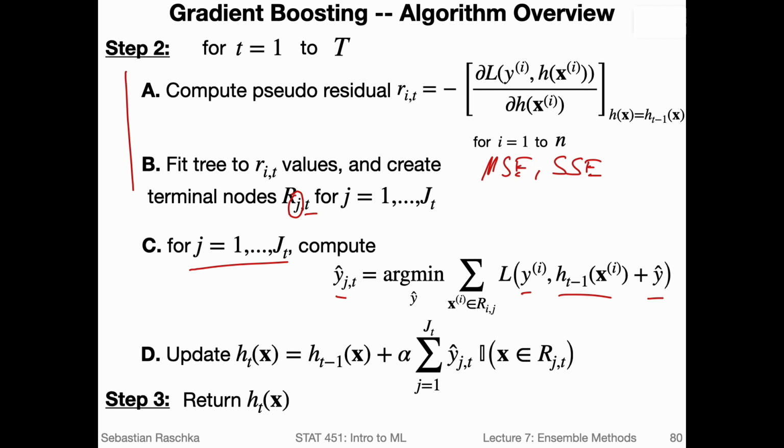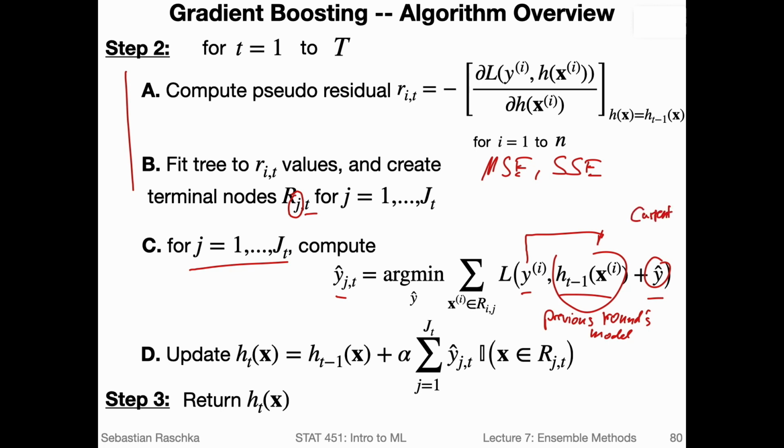So we are computing the loss between the true label and the predicted label, where this is the model at the previous round, plus then the y hat term, the prediction at this current round.